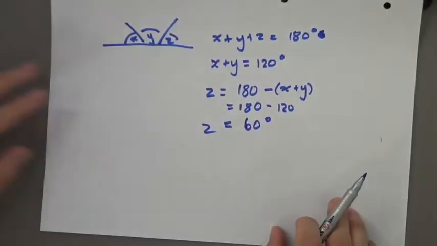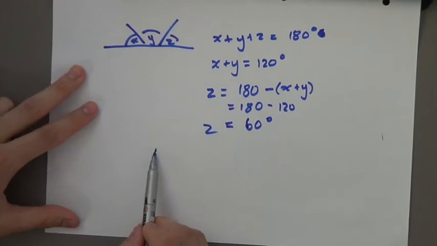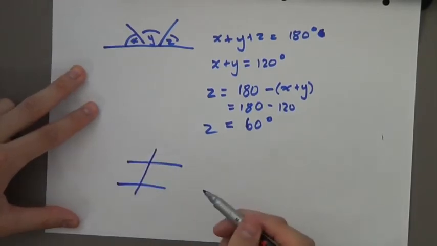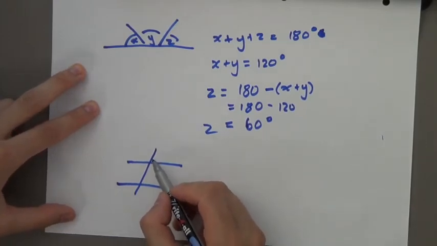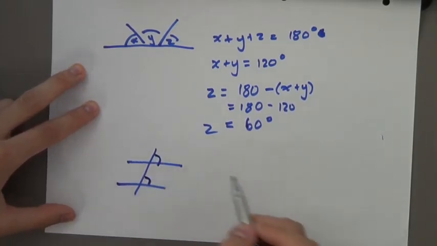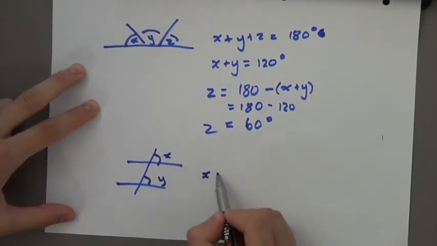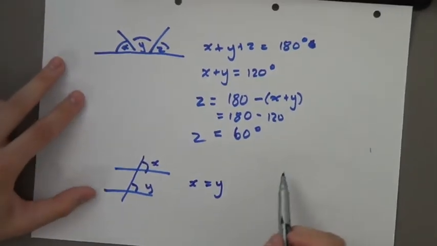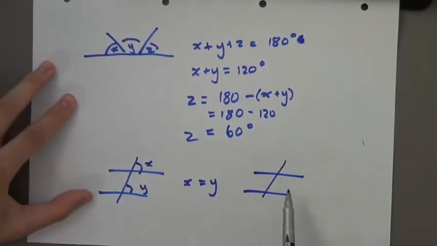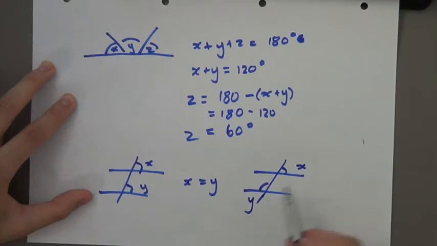Okay, now other rules for angles that you need to know are what we call z angles. Sorry, or f angles. So that means this angle here and this angle here are the same. So let's call that x and y. x is equal to y, okay? We've also got angles like this. So this is x and y.